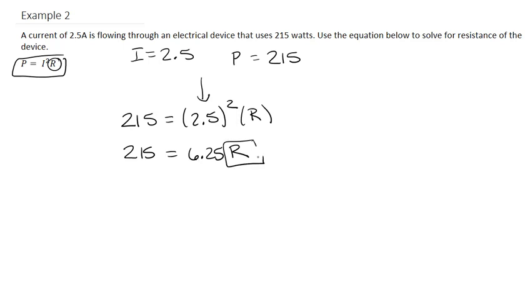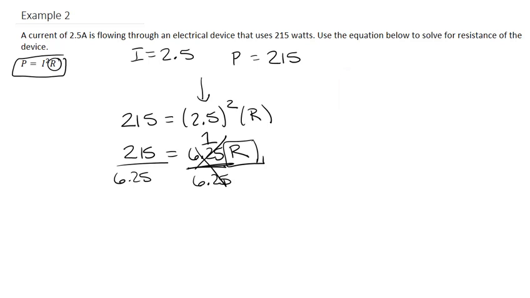And so to get R all by itself, we need to go ahead and divide both sides by 6.25. So if we divide by 6.25, we just put a division bar over it on both sides, this 6.25 over 6.25 is just then 1.